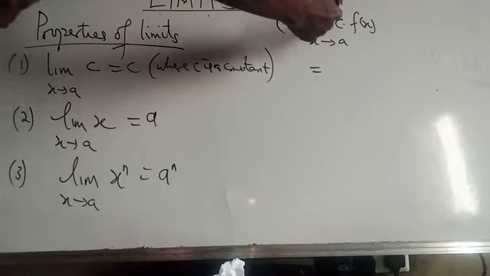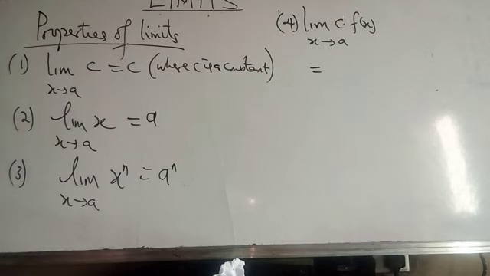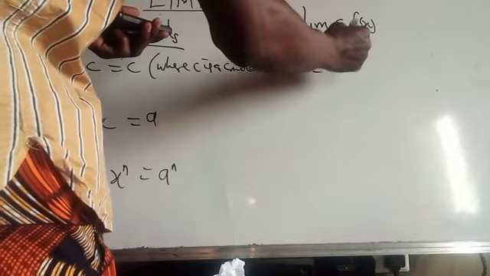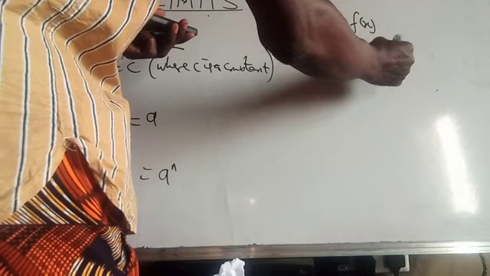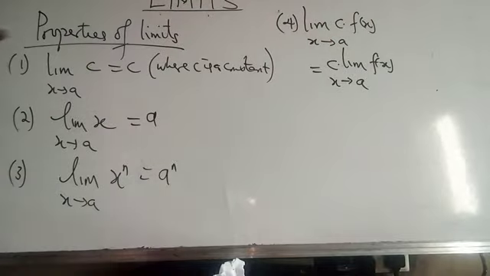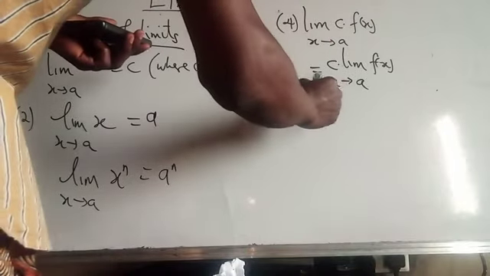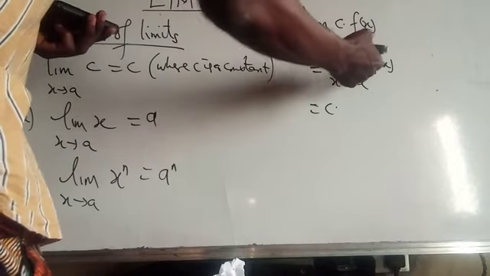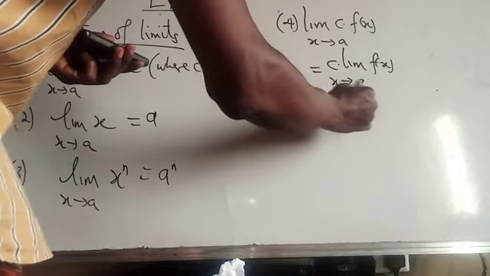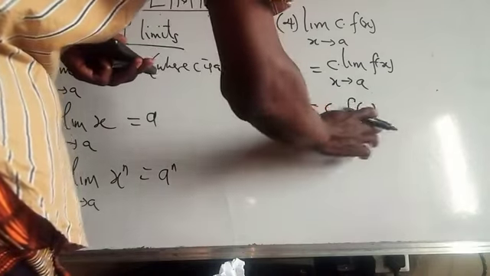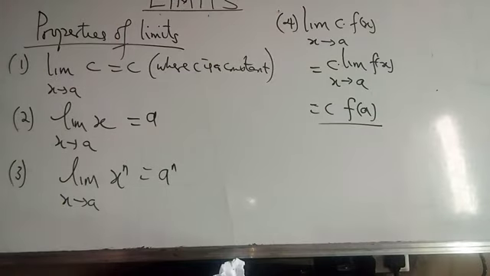Don't forget that this c is a constant, so you can bring out the constant and say c dot the limit of f of x as x tends to a. And that will be c dot f of a, or you can say c f of a without putting the dot. It's c multiplied by f of a.